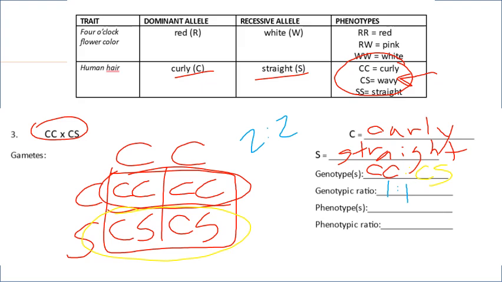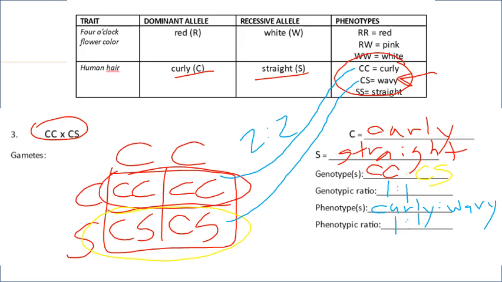For our phenotypes, we ask, what does CC give us? CC gives us curly. And CS gives us wavy. Same thing that we had before: anytime you have this type of inheritance, the phenotypic ratio is going to be the same as the genotypic ratio, which makes it easy to keep track of.